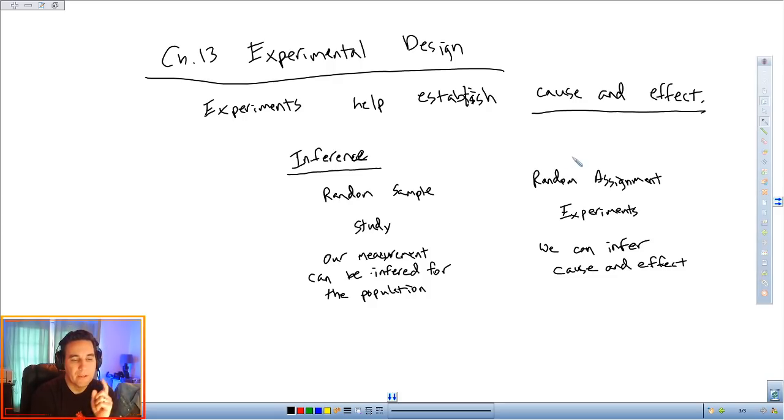If I had taken a random sample from the population, then done random assignment into my experiment, when I do cause and effect, I could show that it even works in the population.